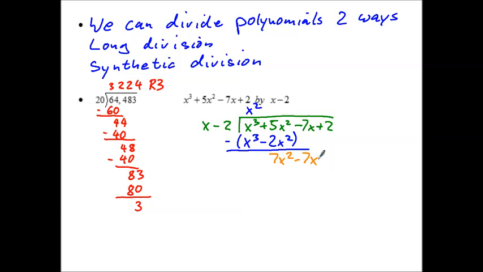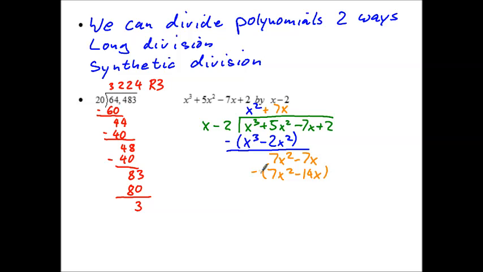Looking at 7x squared minus 7x, the 7x squared needs to be divided by x, and we get positive 7x. And now we're going to multiply that back by both terms. 7x times x is 7x squared. 7x times negative 2 is negative 14x.